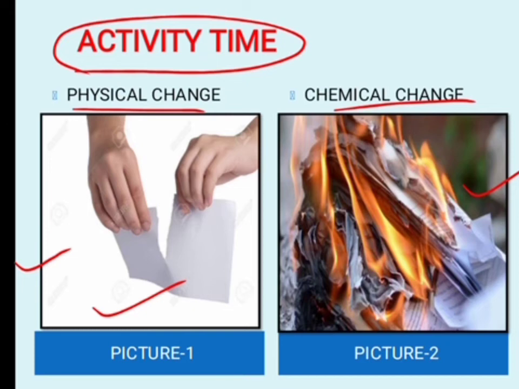As we already studied in our previous lecture on chemical properties or chemical changes, all these signs show the burning of paper is a chemical change.